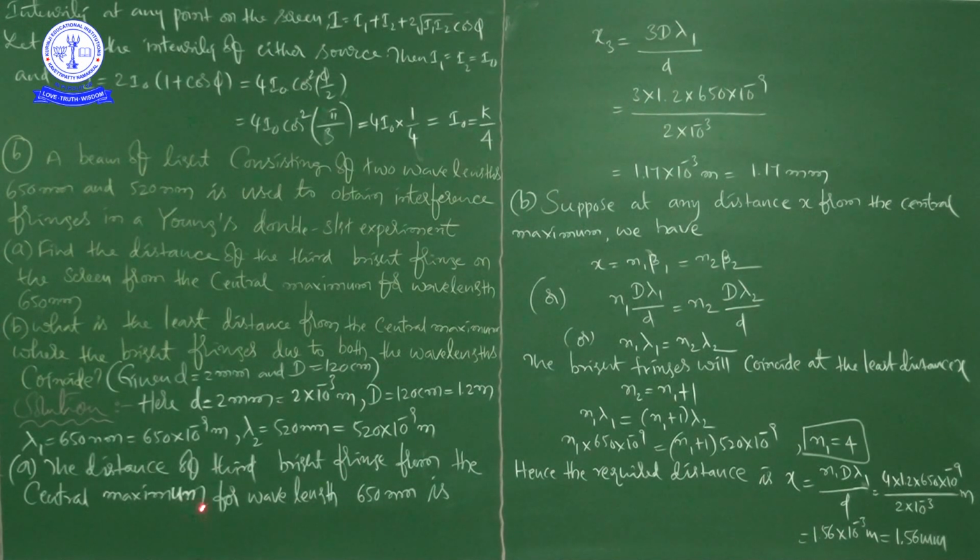We do not bother about these values yet, but they are part of the question, and when we substitute the values in the given formula, as I have told many times, all physical quantities must be in one system of units. Small d is the distance between the two slits, and capital D is the distance from the two slits to the screen, right?